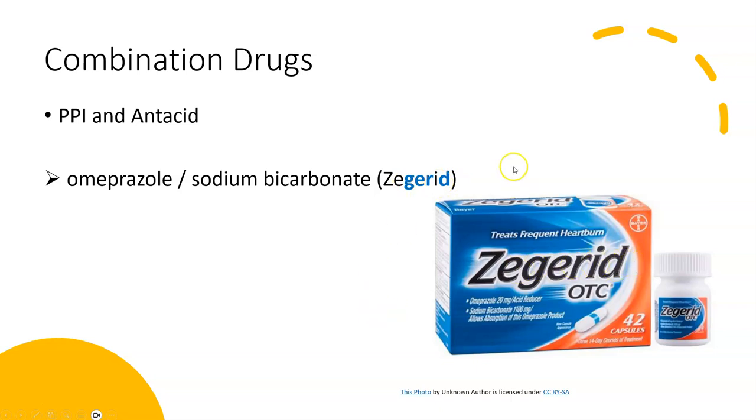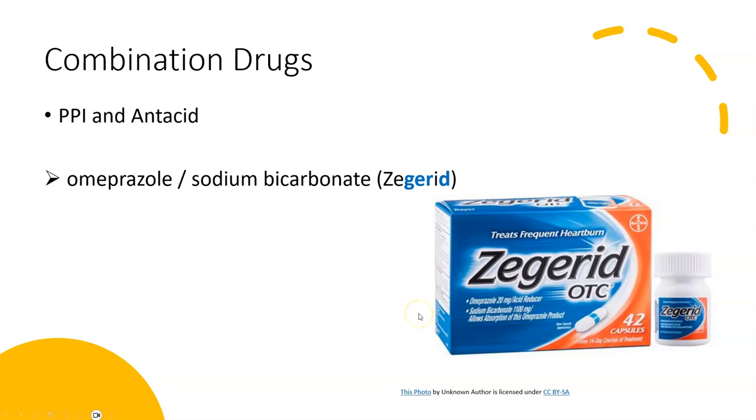So it does have GERD in there. There are others that have combinations like Pepcid Complete that has famotidine, an H2 blocker, with calcium carbonate and magnesium hydroxide. So one of the reasons we do that is you're kind of treating it in two different directions. So you're getting more benefit from it.